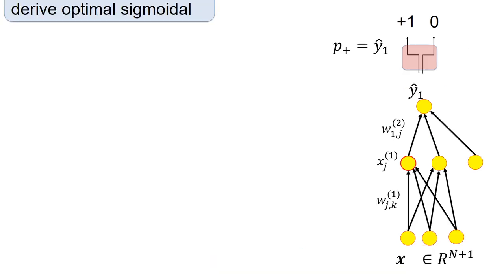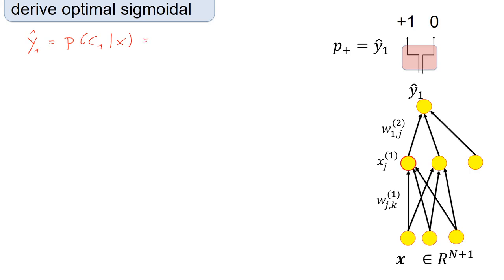So we take a statistical point of view, which means we take the output as a probability. So we write this output of the network, y hat 1, as p of c1, the probability that this input x belongs to class 1.